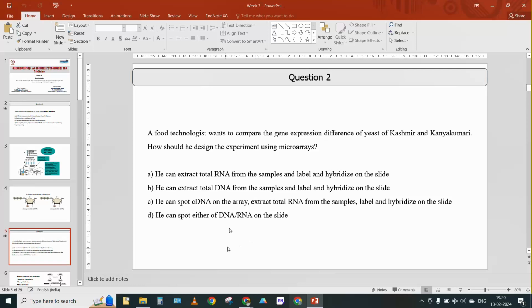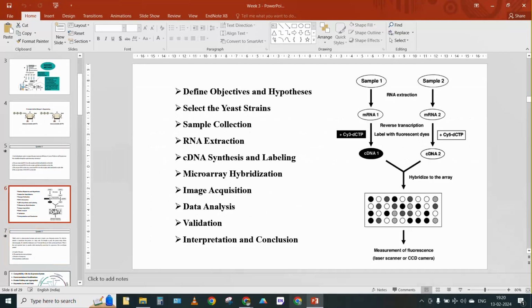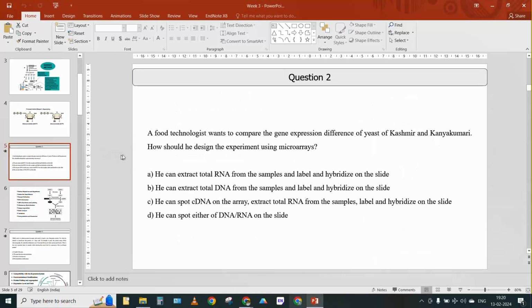First we'll look at what microarrays are. In this question, a food technologist wants to compare gene expression, designing an experiment to compare gene expression differences between yeast strains from Kashmir and Kanyakumari using microarrays, which involves careful planning and execution.